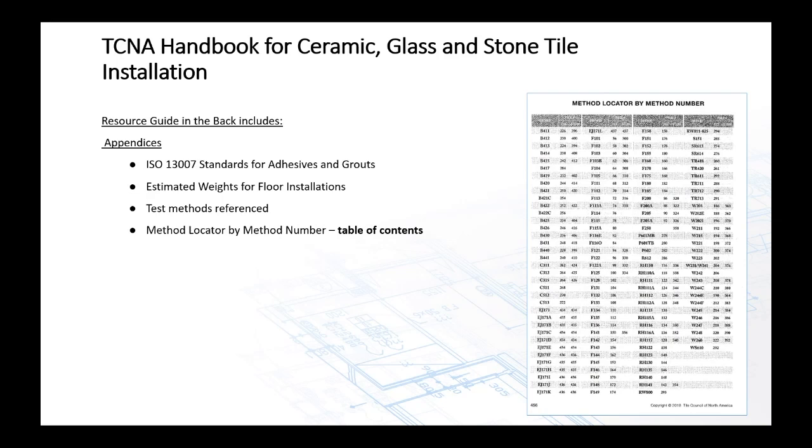It also lists the ISO standards. There's another section for how they came up with estimated weights for floor installations. The test methods that are referenced explains those in more detail. And like I said, the method locator by method number, to me, is a critical document, and it's hidden in the back.